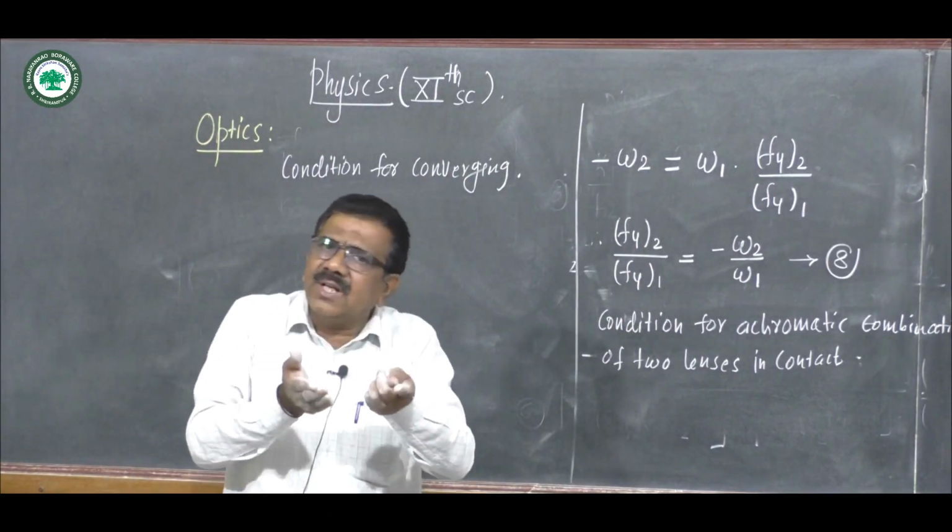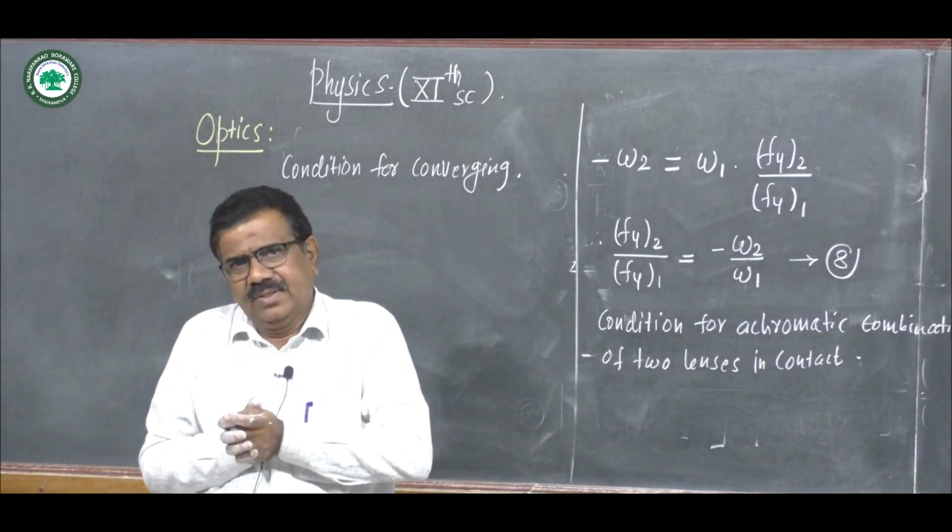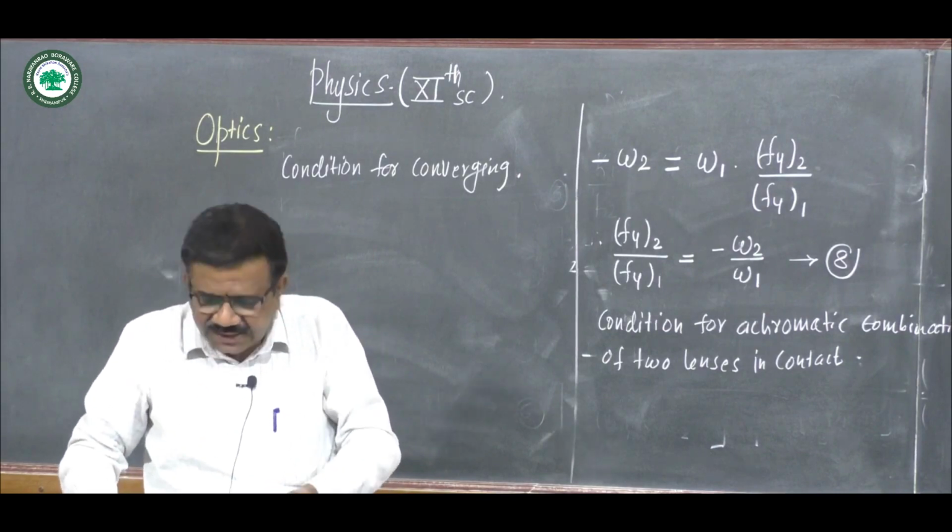For convex lens, focal length is positive. For concave lens, focal length is negative.